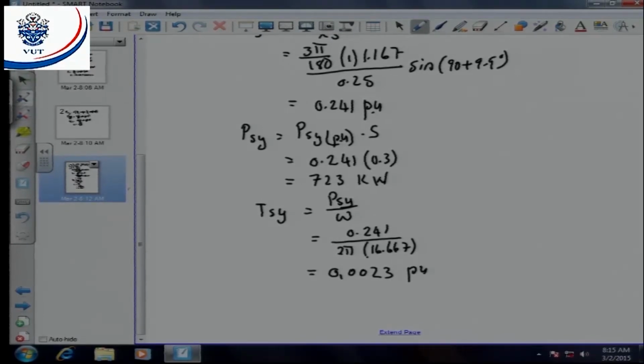And again, to convert back to actual torque, that will be 0.0023 times 3 MVA, which is 6,904 Newton meters.